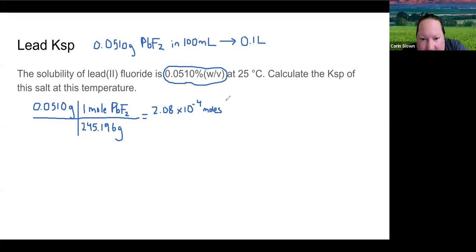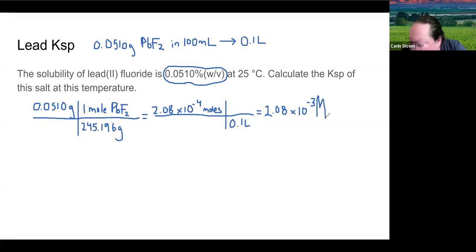But for our purposes today, we're just going to do the shortcut and say that 100 milliliters is the same thing as 0.1 liters. And that's going to give us a molarity of 2.08 times 10 to the negative third. And I'm going to use capital M for my molarity.